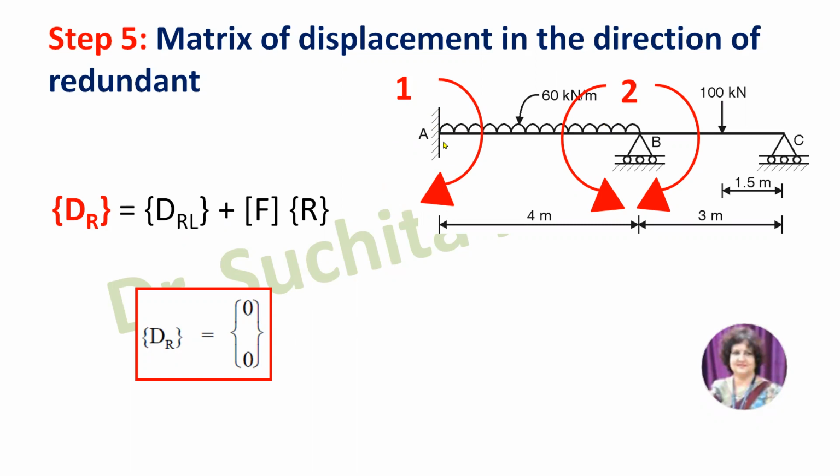Here, if there is a given slope at 1 or 2, then that will appear here. But there is no known slope available here. So DR matrix will be 0, 0. Normally it is 0, 0 matrix.